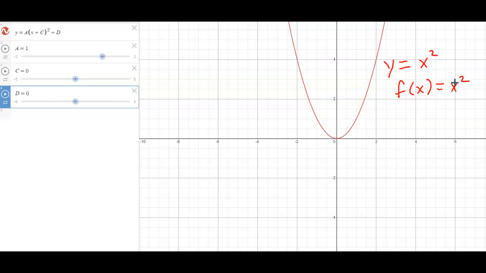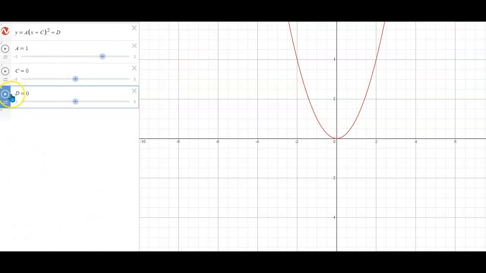Either way, watch what happens to this function as I start to change this value right here. Sorry about that jump there.